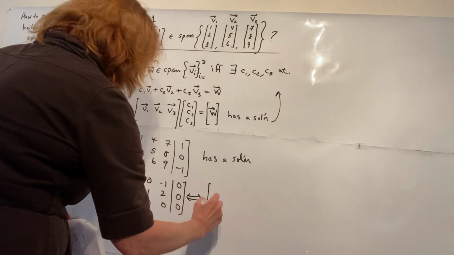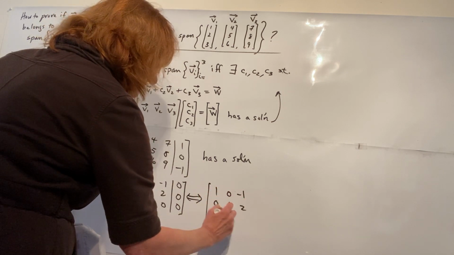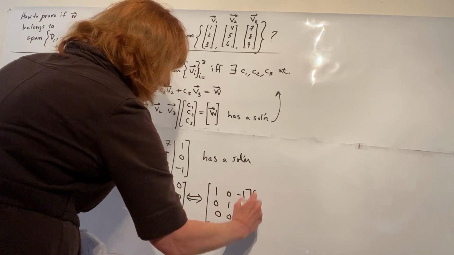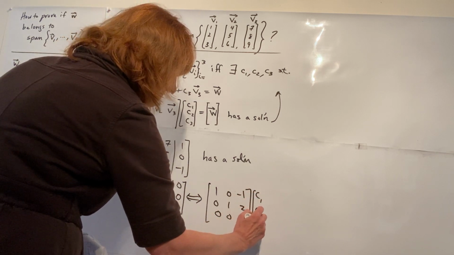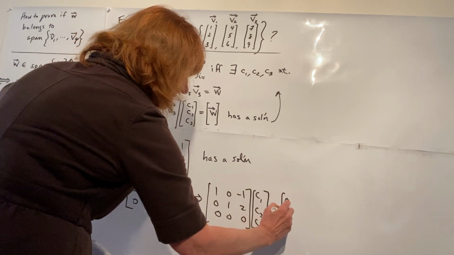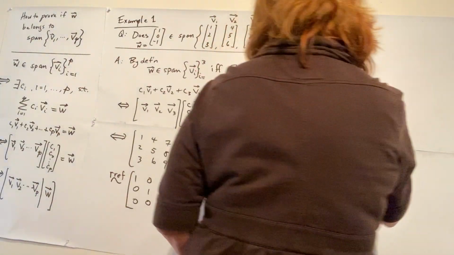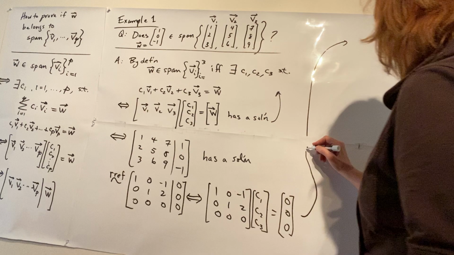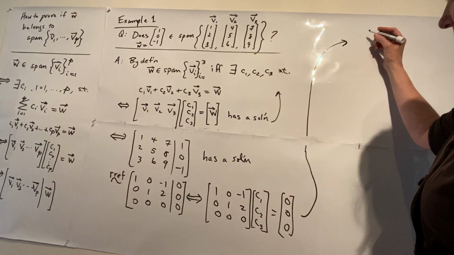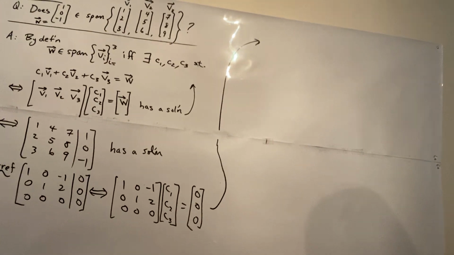Well, that this matrix 1, 0, minus 1, 0, 1, 2, 0, 0, 0, if it's multiplied by C1, C2, C3, that you will get the 0, 0, 0 vector, right? What is that equivalent to? That matrix equation is equivalent to a system of equations. What system of equations is that?